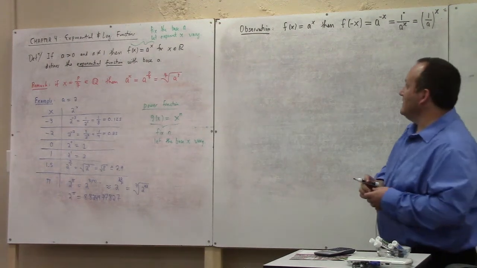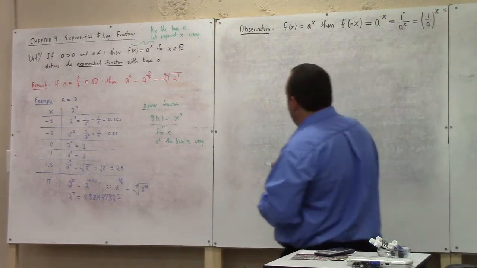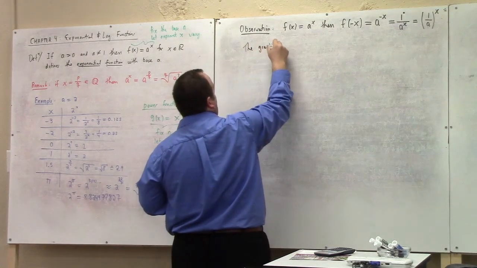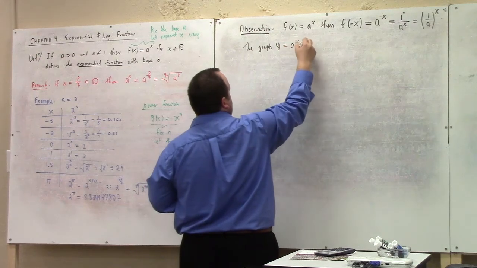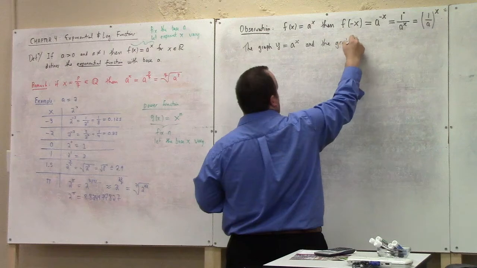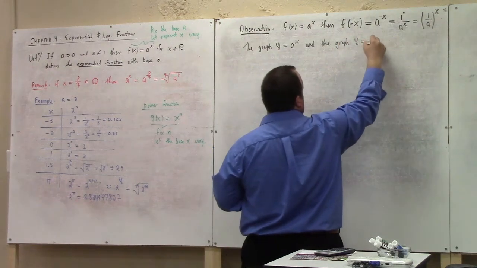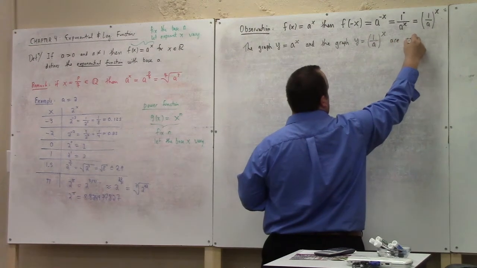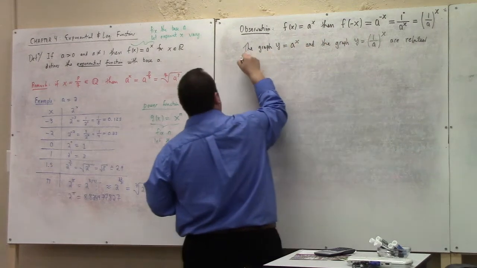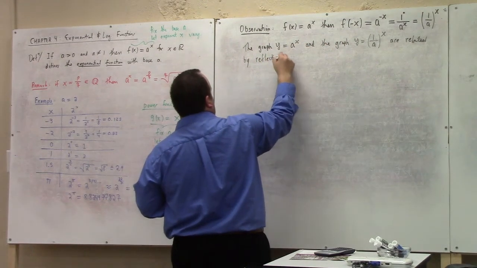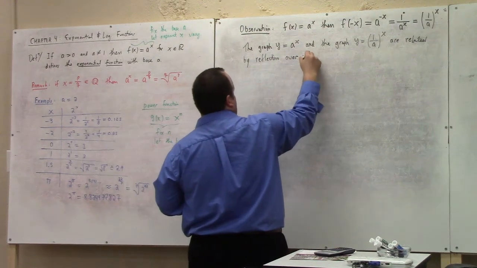So what this suggests is that the graph y equals a to the x and the graph y equals 1 over a to the x are related how? By reflection over the y-axis.